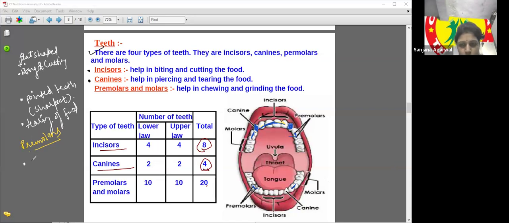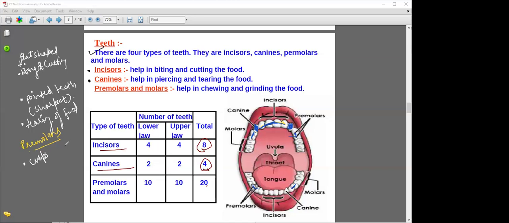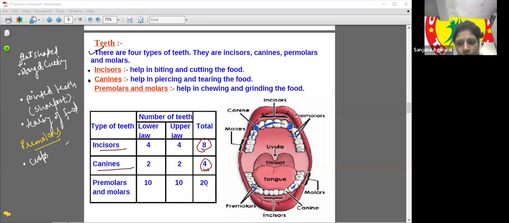Cusps means a slight depression where two curves are meeting, like two different curves meeting at a point; the shape is such a way.